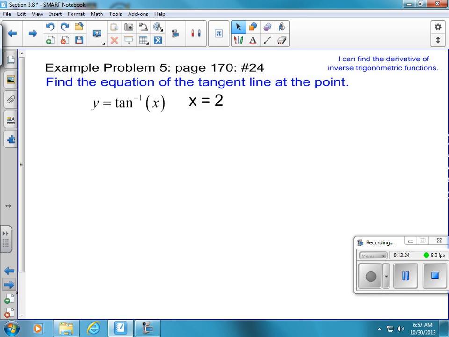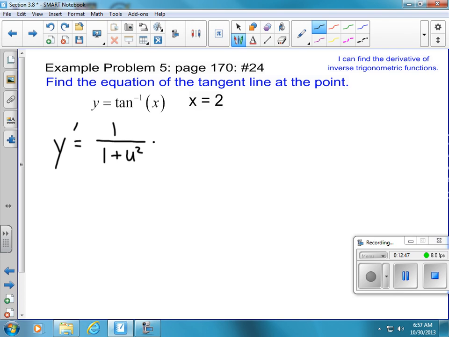All right, the last problem on our hit parade is page 170, number 24, also in your assignment. So find the equation of the tangent line at the point x equals 2. Tangent, my favorite inverse trig function, because the formula is so easy compared to the others with square roots and blah, blah, blah. It's 1 over 1 plus u squared times du dx.